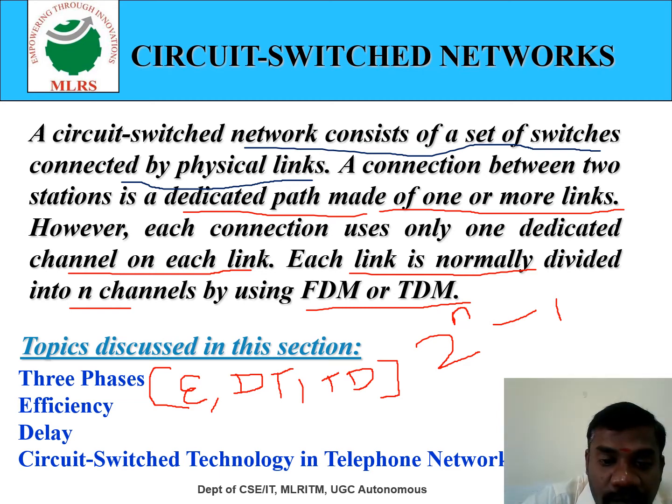Once that establishment is completed, signals are transferred between source and receiver. Once all the signals are completed, it is called the third phase, the tear down phase, which terminates the connection. So these are the three phases used in circuit switched networks.